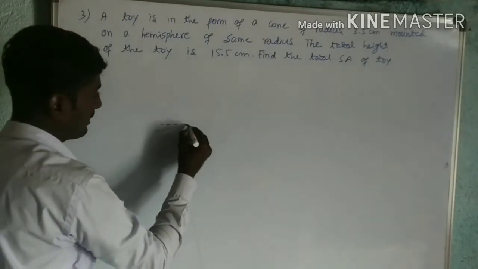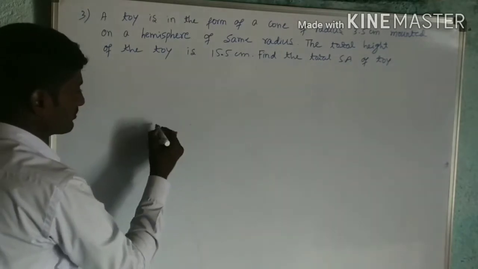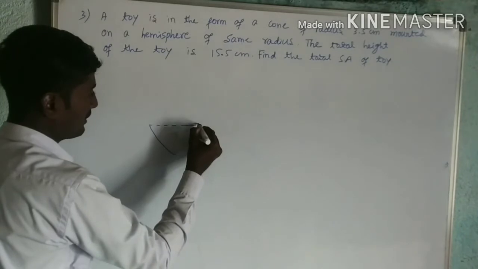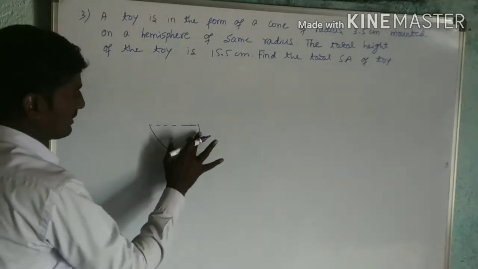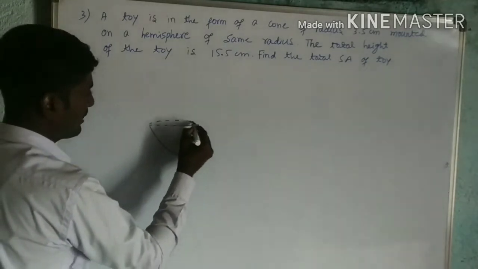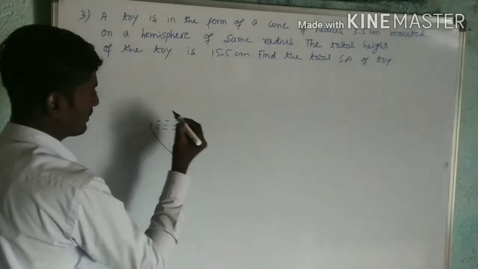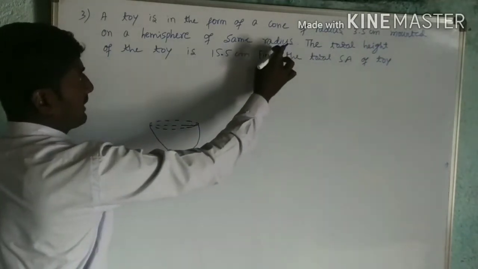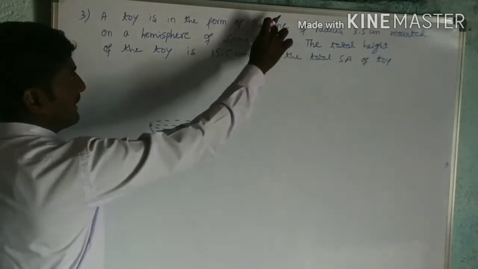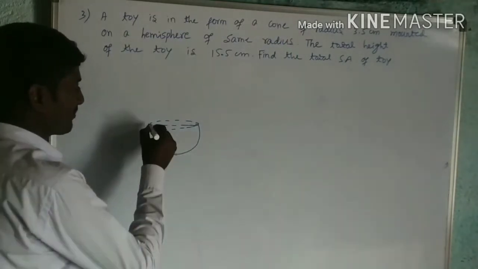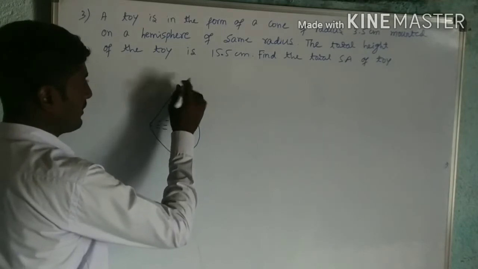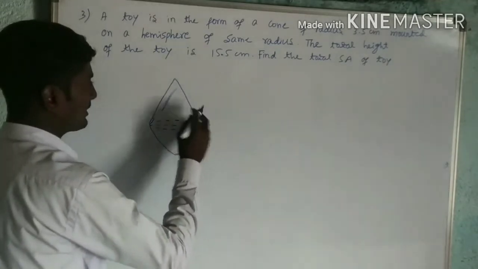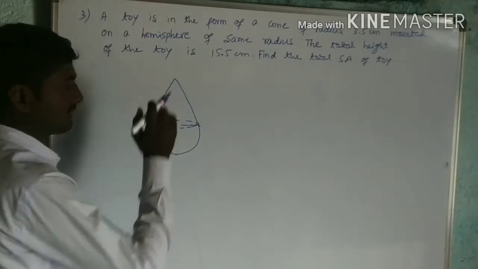So first I will draw the hemisphere. On this hemisphere there was a cone. The radius of the cone and the radius of the hemisphere are both the same, so the base of the cone and the base of the hemisphere are the same.